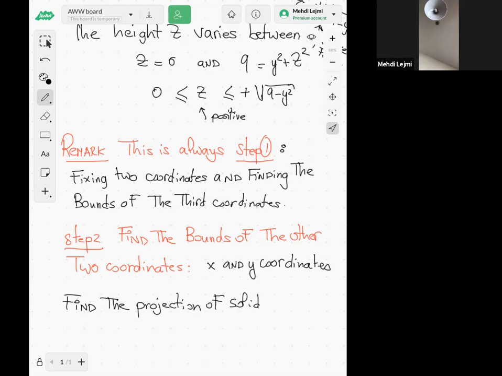In this example, the remaining two coordinates are x and y, so we have to find the projection of the solid into the XY plane, where z is 0, of course. So what will be the projection of our solid into the XY plane?